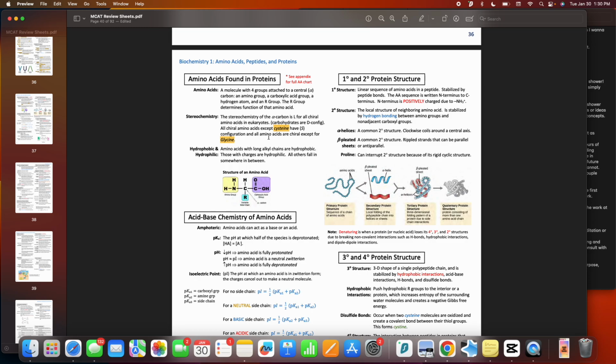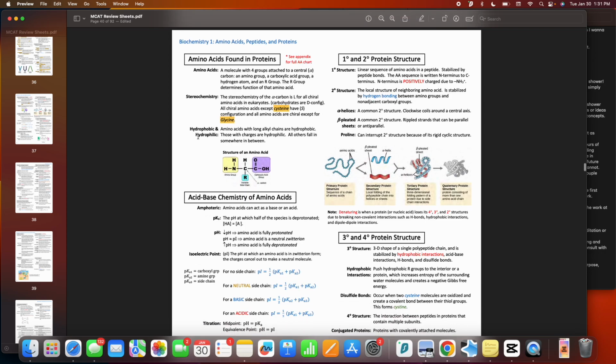And cysteine, because it has the sulfur, which is higher in priority compared to the oxygen that exists on the carboxylic acid, that makes it higher order. There's a specific name for this, we'll come across it later. But yes, this one is not L, but D.